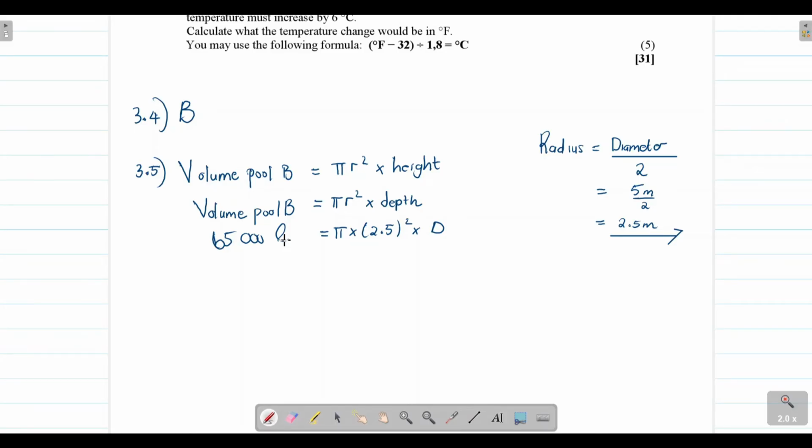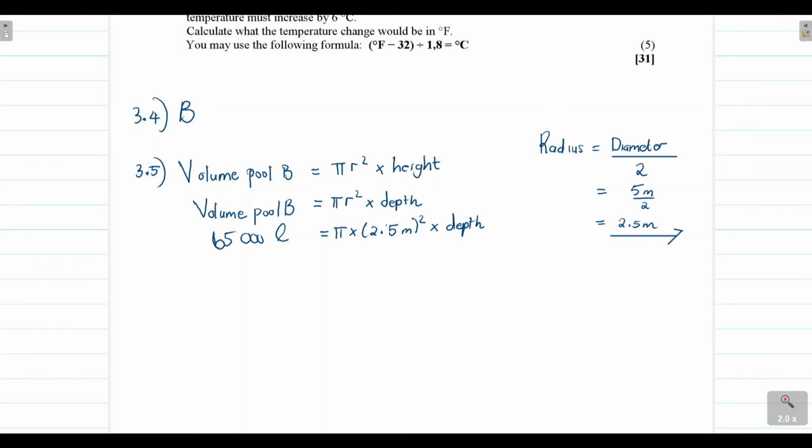Why can we not do that? Remember, the radius of this pool is in meters. So we cannot just write 65,000 liters. We need to ensure that the units for the volume are in meters cubed first. Then from there, we will be able to determine what the depth is in meters.